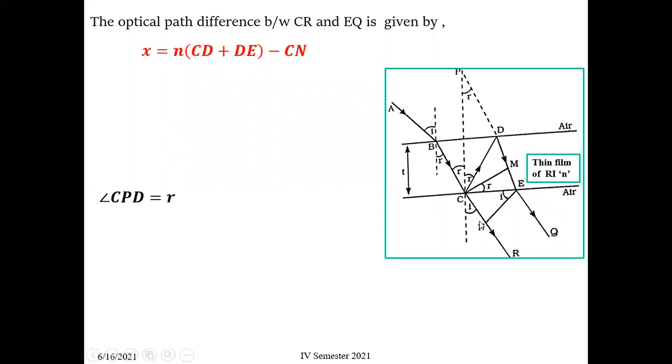The refractive index of air is always 1, so I simply write CN. So the optical path difference x is equal to n into (CD plus DE) minus CN.